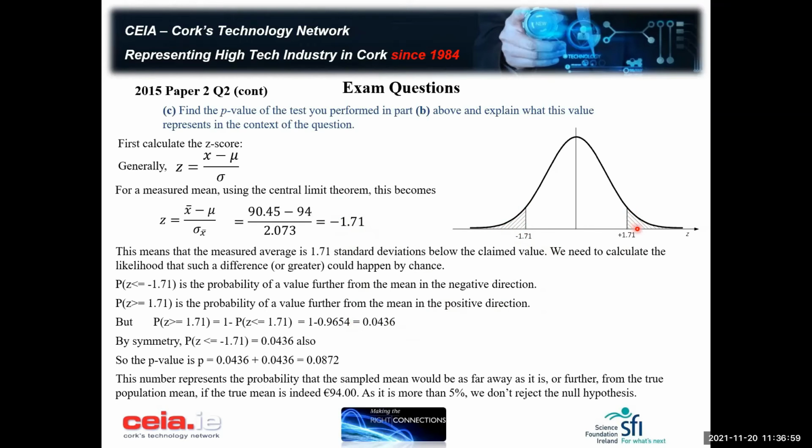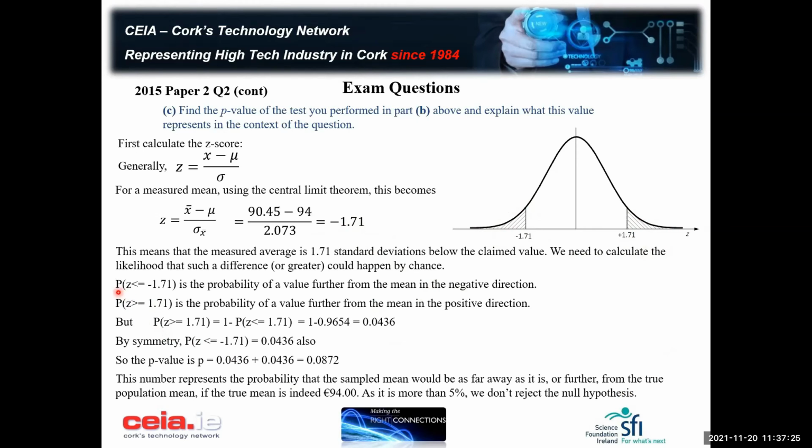But it's symmetrical, so a Z value of more than plus 1.71 is also more extreme than this value. So what we're looking for is the probability of this or this, that's to say the sum of these areas we need to work out.